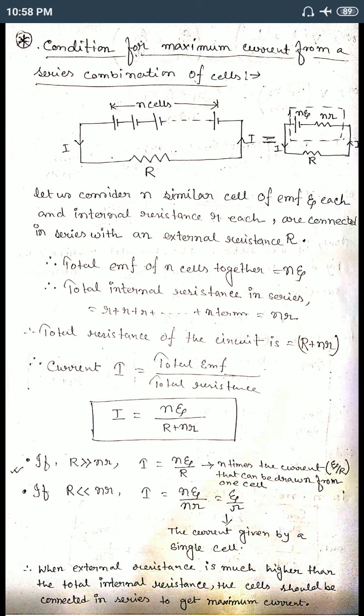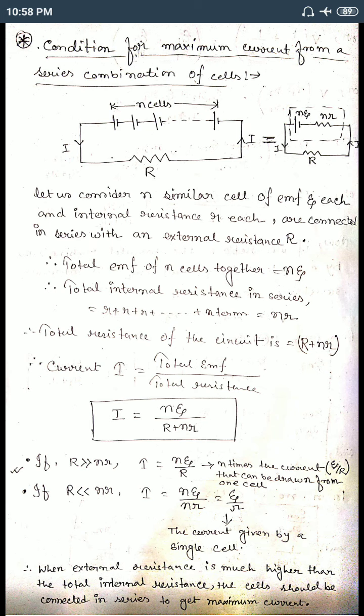But if we consider the second condition, we get the same current as a single cell. So in which condition do we get more current? Obviously from the first condition, because it's n times the current. So what is the condition?